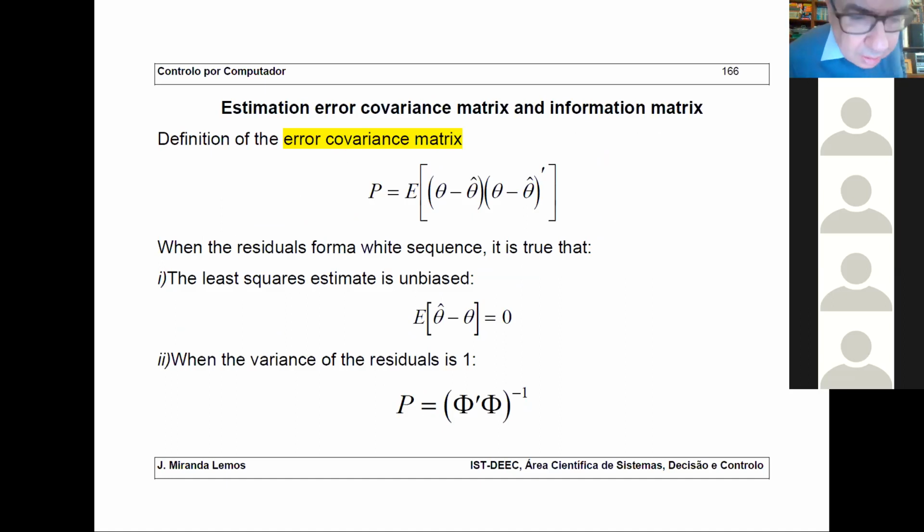Let me give you an example. Can you see my hand? Yeah. Okay, so this is my sequence E. Each of my fingers is one element. So E at t equal to 0, t equal to 1, t equal to 2, and so on.